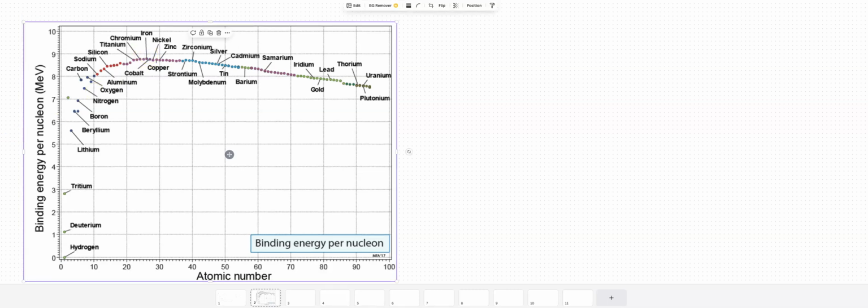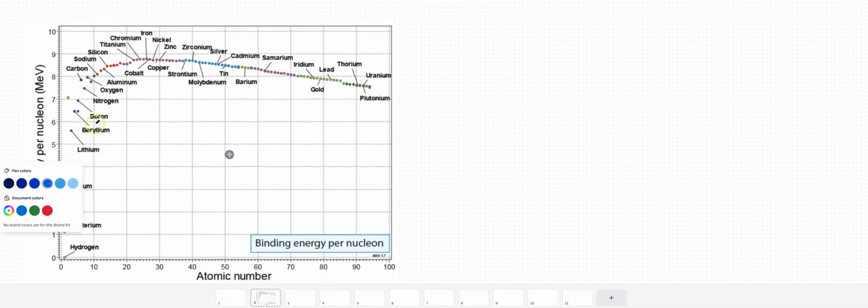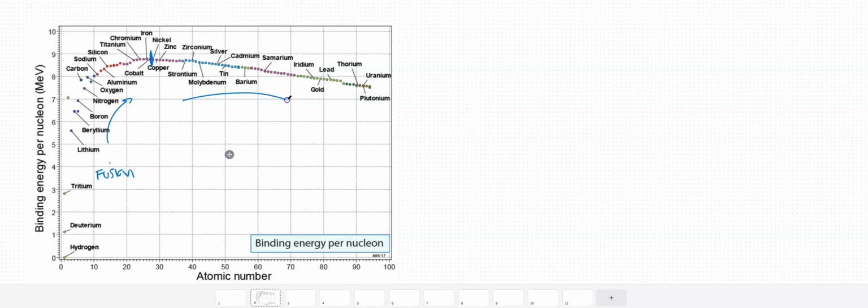When we go in this path, there are nuclear reactions that involve merging of light nuclei. This is called fusion. There are also nuclear reactions that involve splitting of heavy elements. This is called fission. We will talk about both of them.